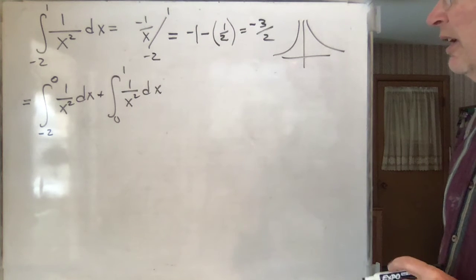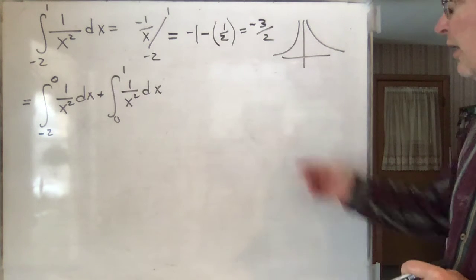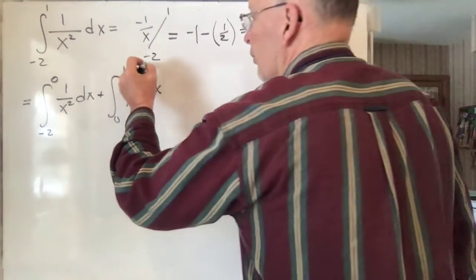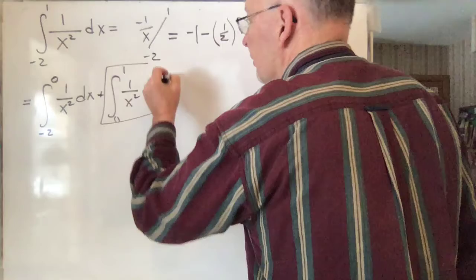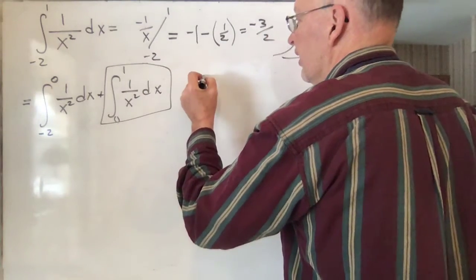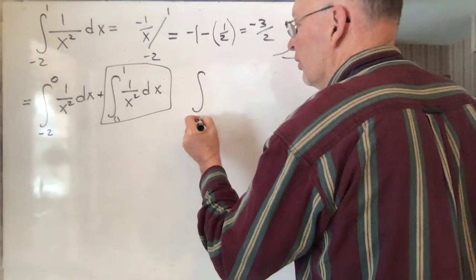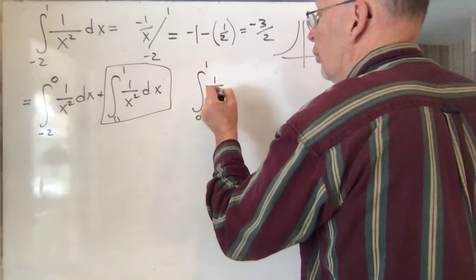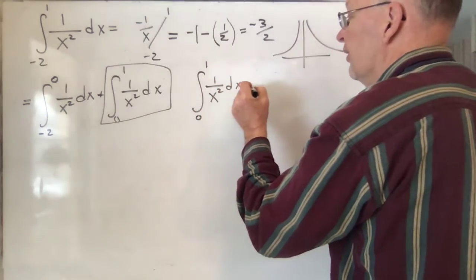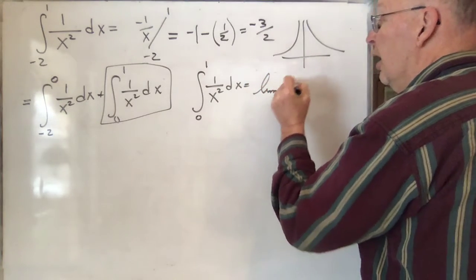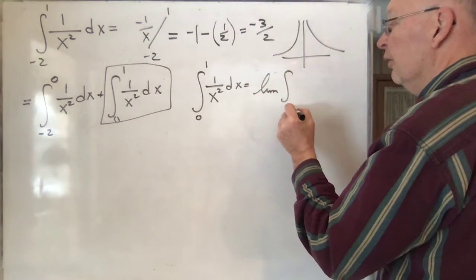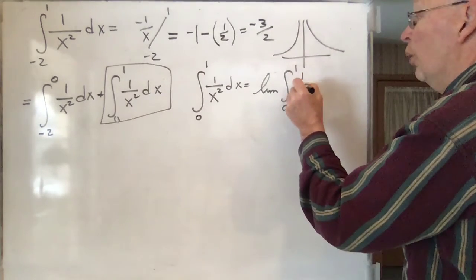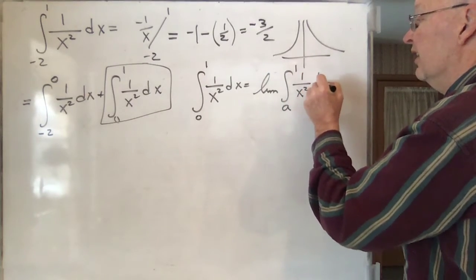Well, let's do something similar to what we did with intervals going off to infinity. We're just going to look at this thing right here now, and we're going to define this to be the limit of the integral from, let's say, a to 1 of 1 over x squared dx.